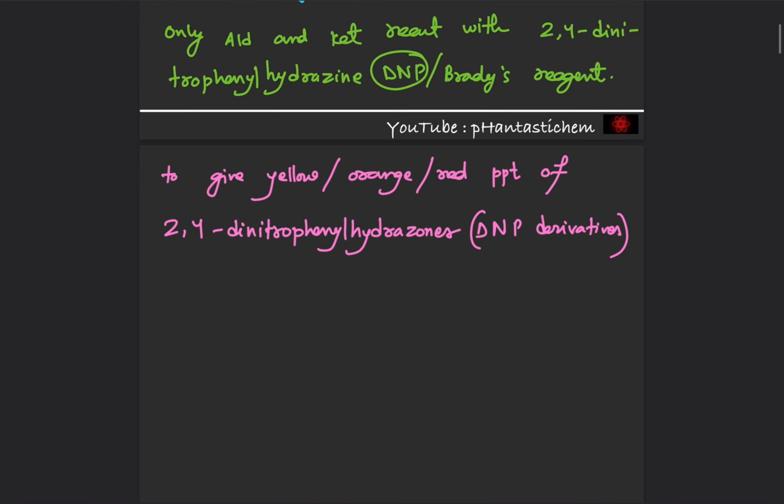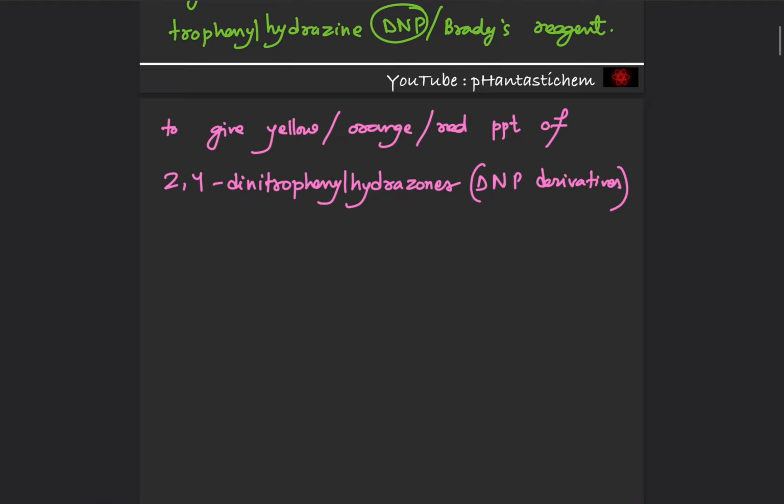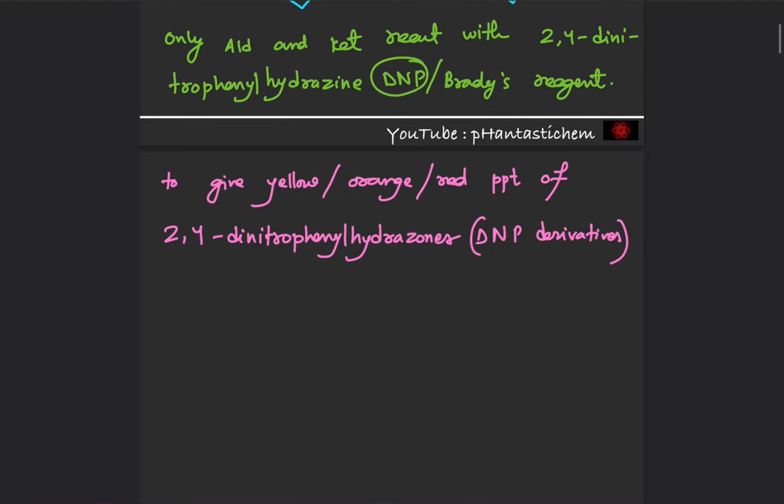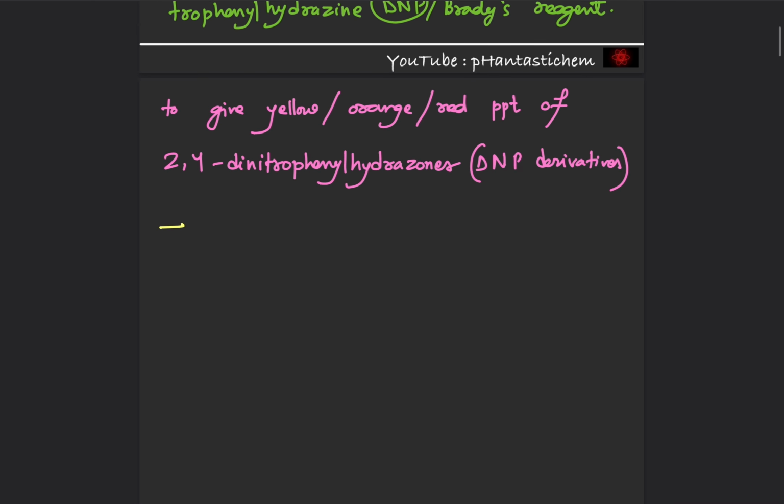So this is an important fact to know: only aldehydes and ketones react with DNP to give a yellow, orange, or red precipitate of 2,4-dinitrophenylhydrazones, known as DNP derivatives. And this reaction is an example of nucleophilic addition reaction followed by elimination of water.